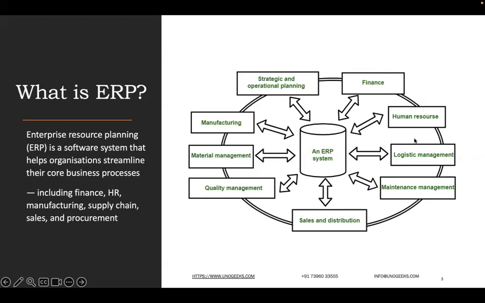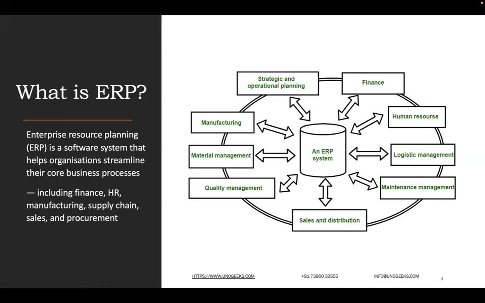All these business functions should be working together, and that's what an ERP system does. It streamlines all the core business processes like finance, HR, manufacturing, supply chain, etc., and brings in that much needed coordination. So an ERP product, at the end of the day, is a software system that helps organizations streamline their core business processes.